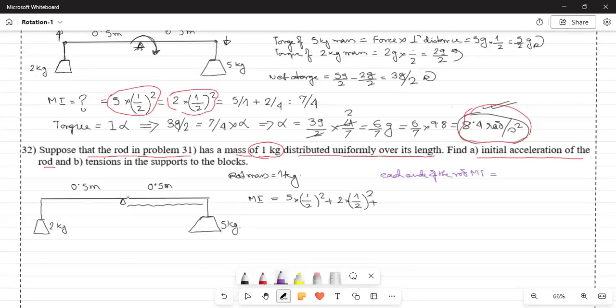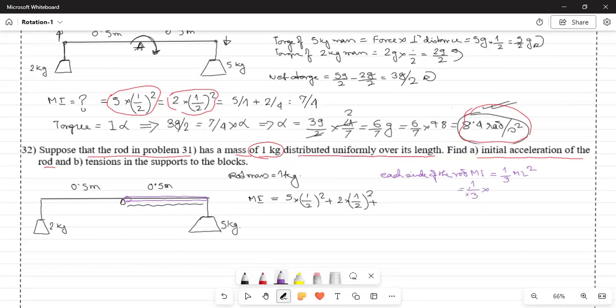Now here, this part of the rod is actually rotating on an axis passing perpendicularly through one of its ends. So this moment of inertia is given by the equation 1/3 ml square. So this moment of inertia is equal to 1/3 into m.